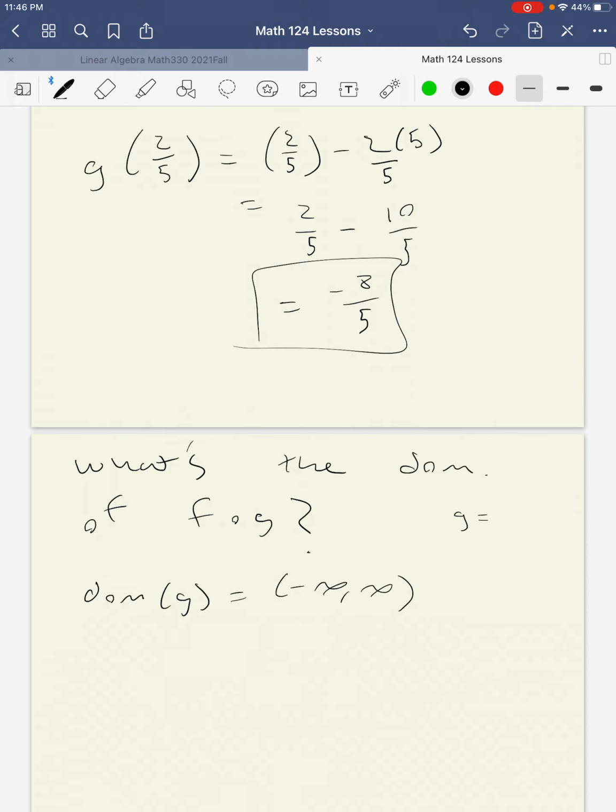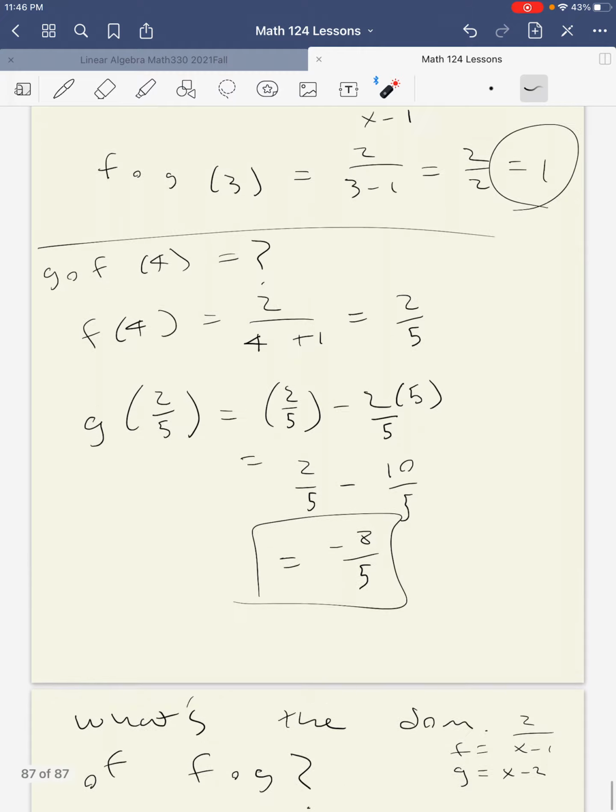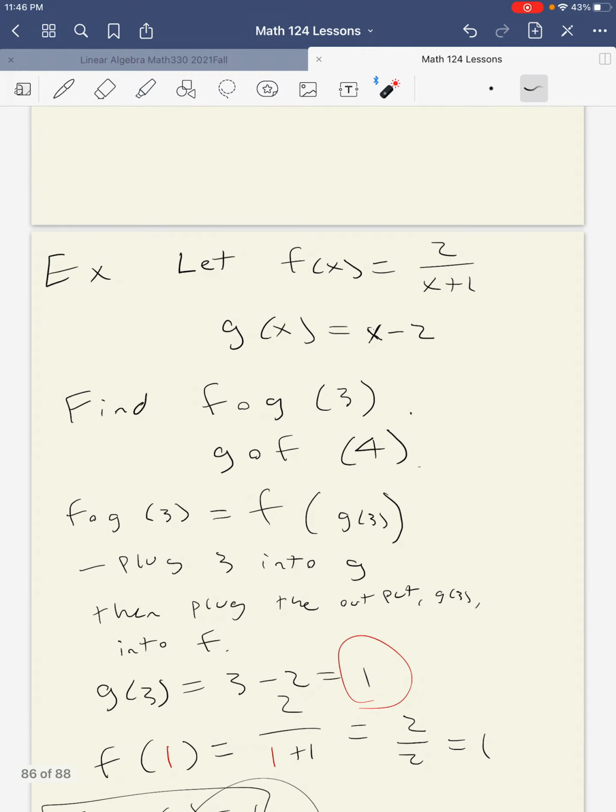Remember, g was just x minus 2. f was 2 over x plus 1. So the domain of f is minus infinity to 1, 1 to infinity. Or in other words, we are not allowed to plug in a 1 into the formula for f.